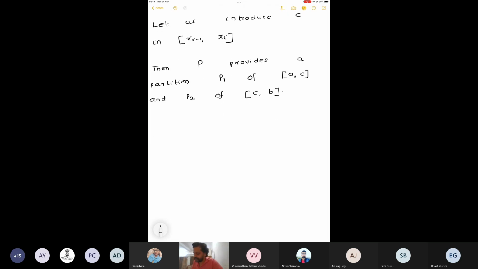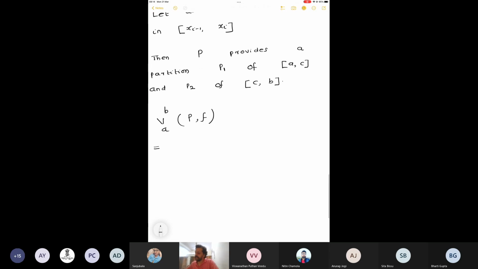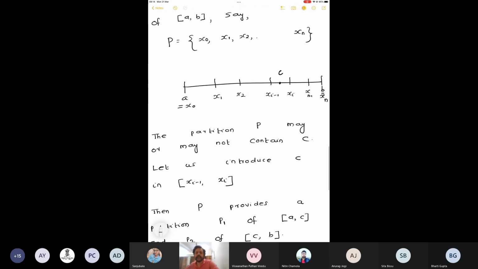Now let me consider the variation of f corresponding to the chosen partition P over the interval AB. By definition, this is, look at the partition and find the variation over each subinterval and sum it.